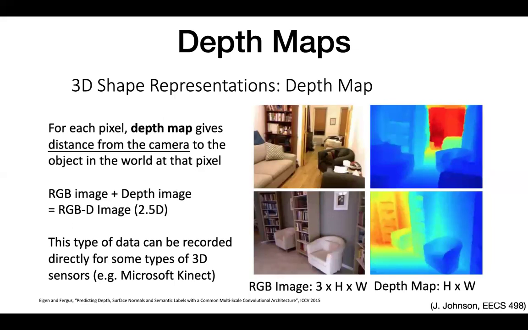And so here we see the depth map associated with the RGB image. So we have the color here, and for each point here, this pseudo color represents the encoding of the distance. So here the red and yellow are far, and the blues are near.